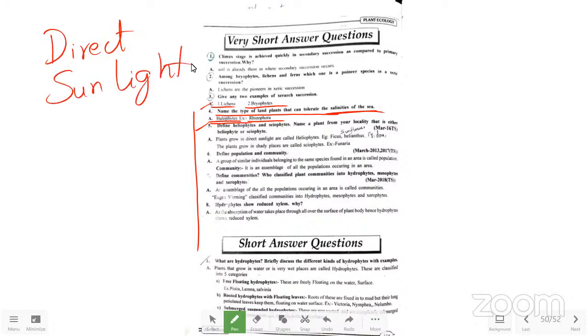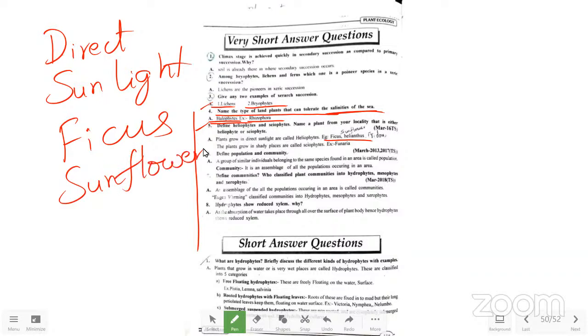The plants which grow in the direct sunlight are called the heliophytes. Okay, so examples are sunflower and ficus, which we can say very easily. Ficus means fig. Okay, sunflower also we can say.